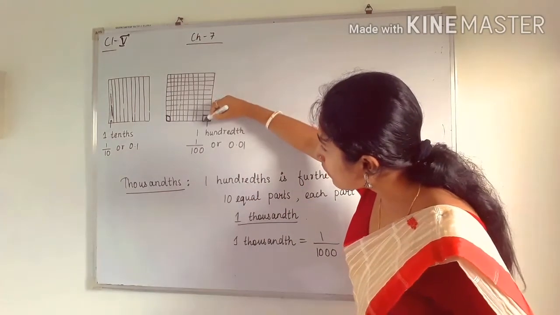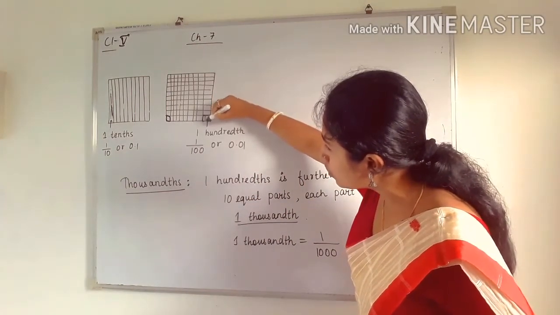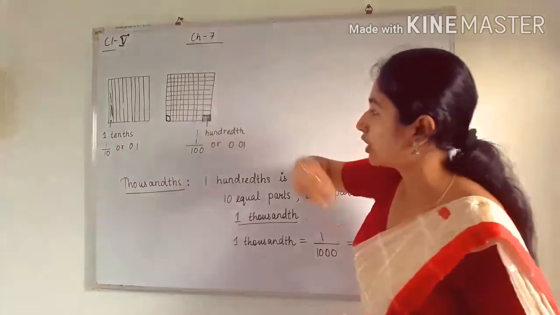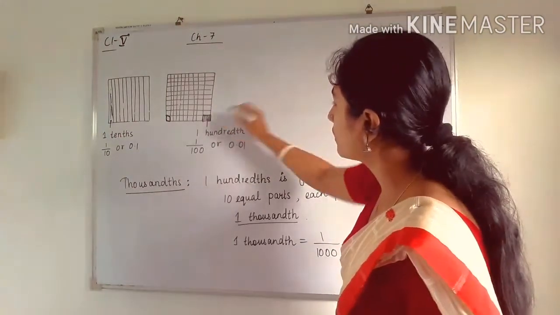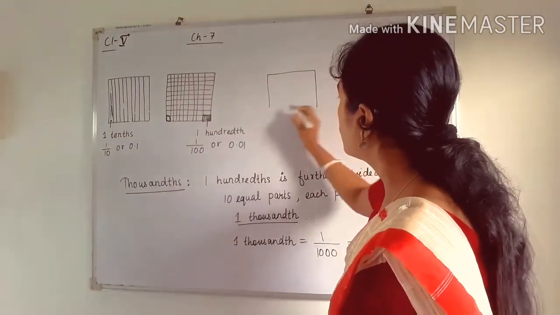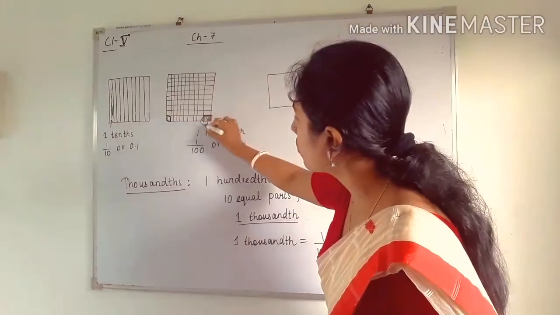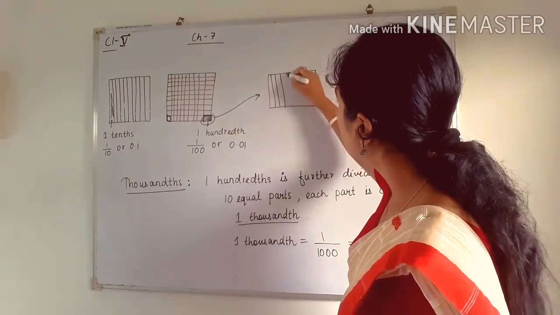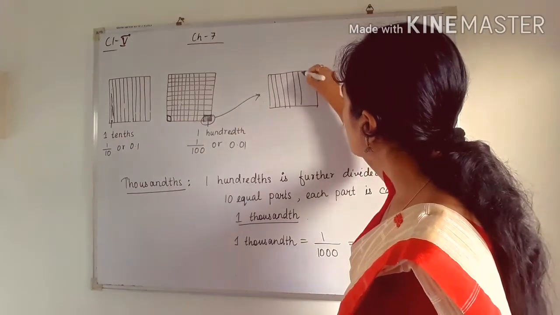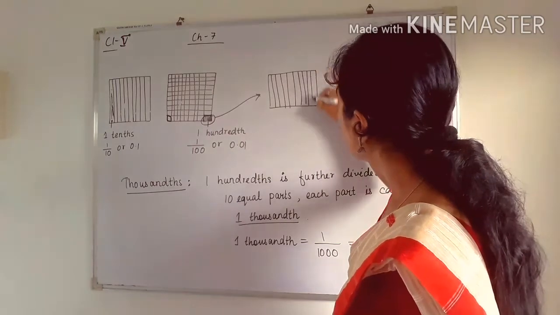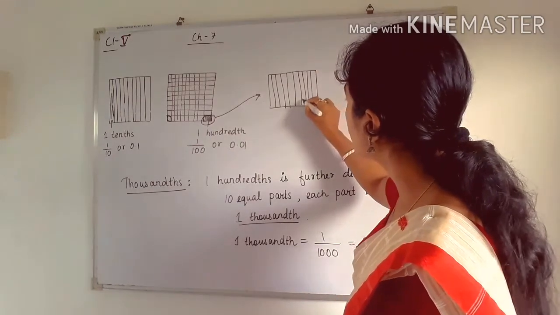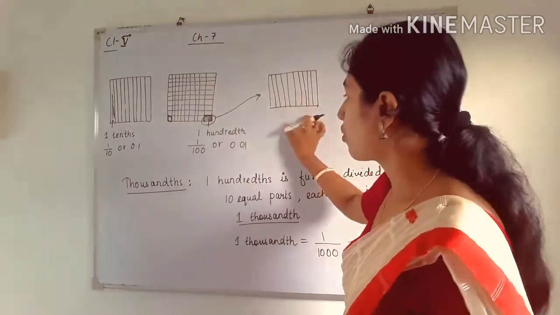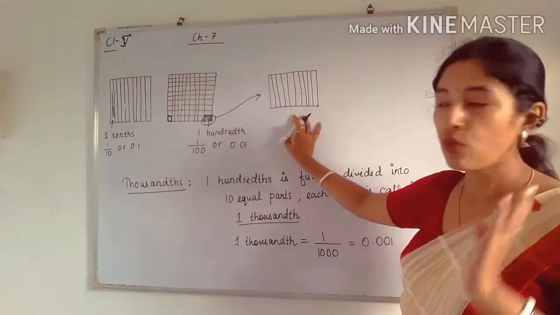If I divide it into 10 equal parts like this, 1, 2, 3, 4, 5, 6, 7, 8, 9, 10, I am drawing this part again in a bigger form here. 1, 2, 3, 4, 5, 6, 7, 8, 9, 10. This is called thousands.